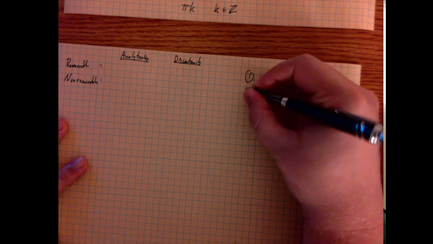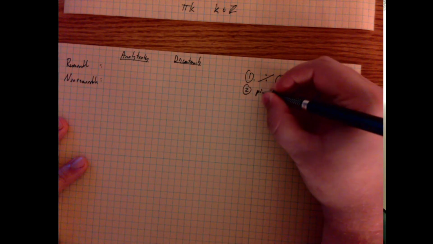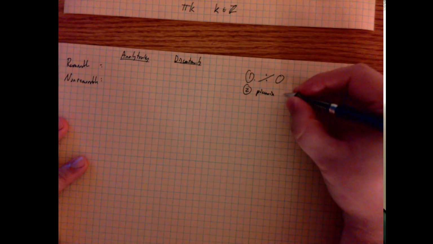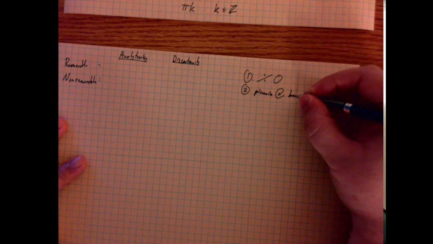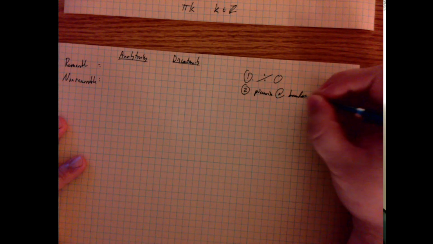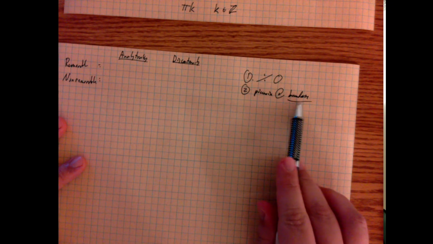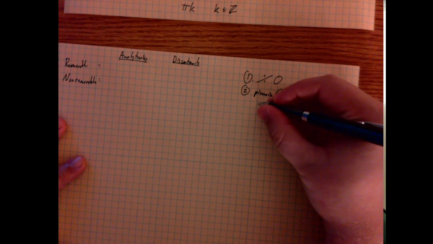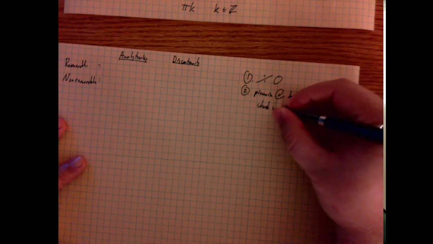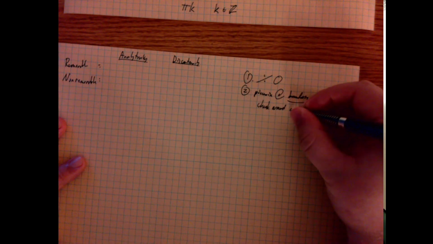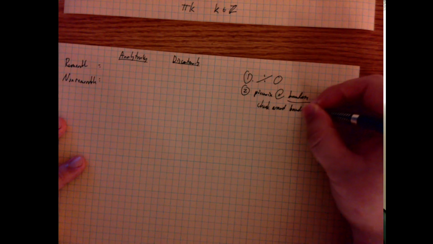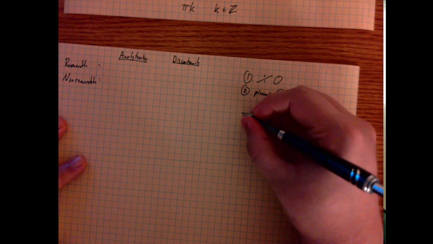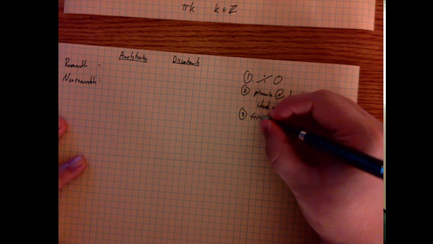The other option is piecewise at boundaries. If you've got a piecewise function, these boundary values are the most common places to have discontinuity, so you need to check around the boundaries. And the third thing is trig.